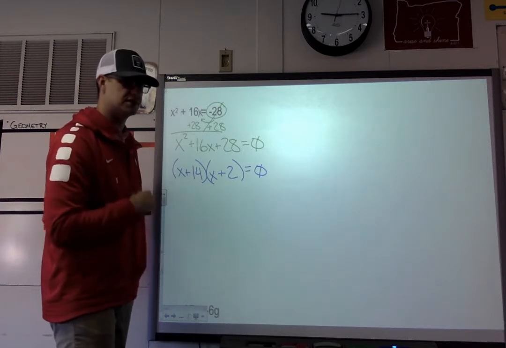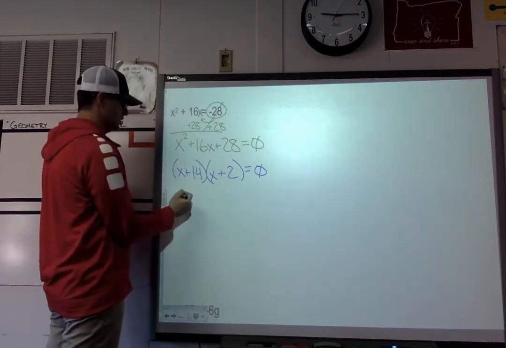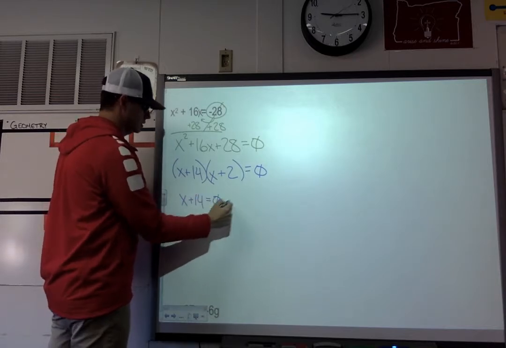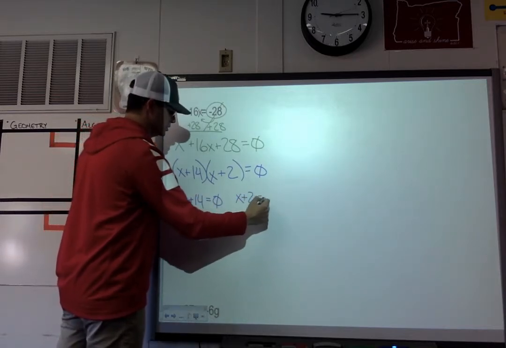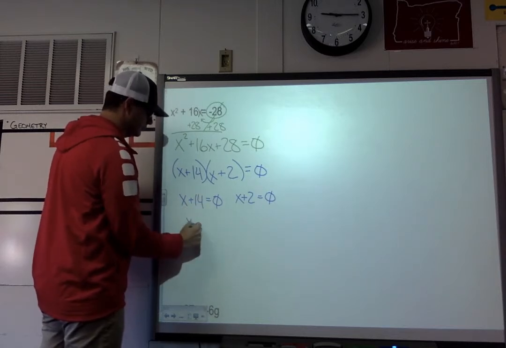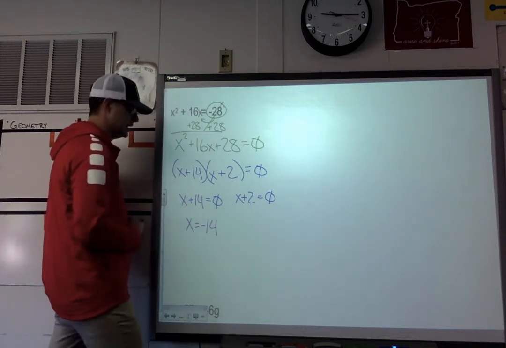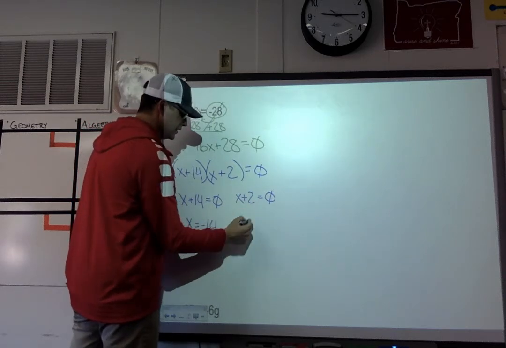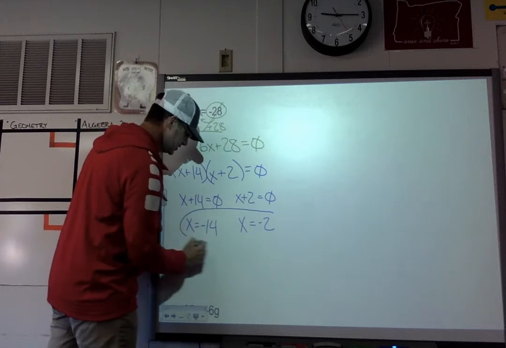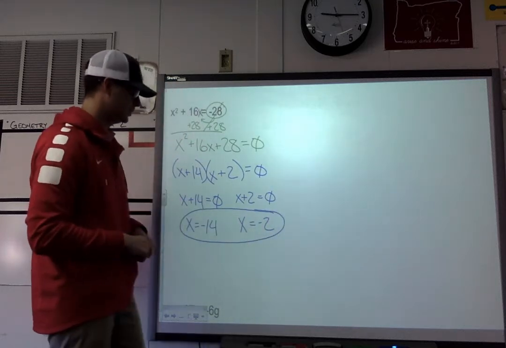Taking it that one step further now is setting each of those equal to 0. Subtract 14 from both sides would give us x equals -14. On the other one, subtract 2 from both sides would give us x equals -2.